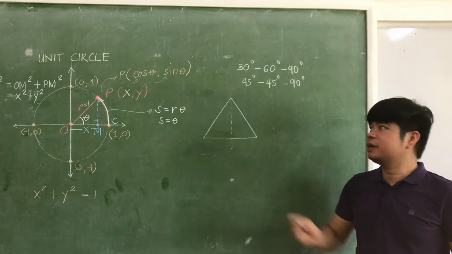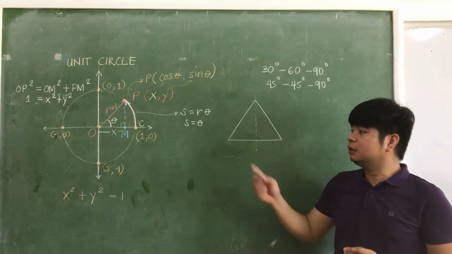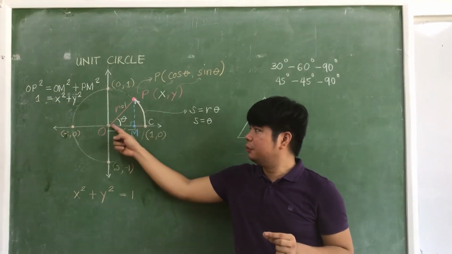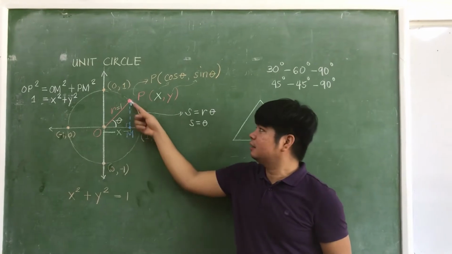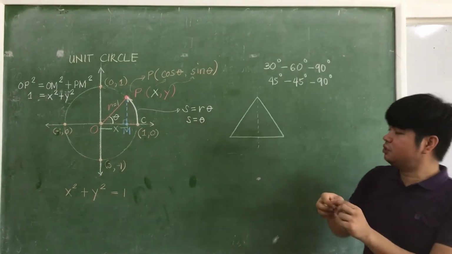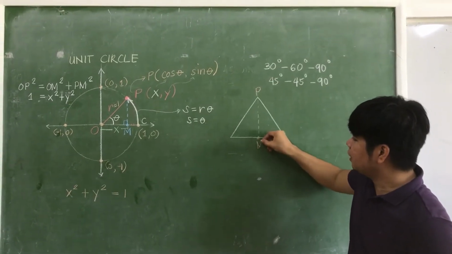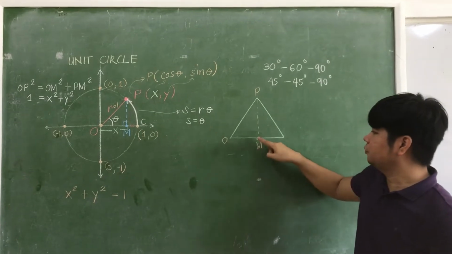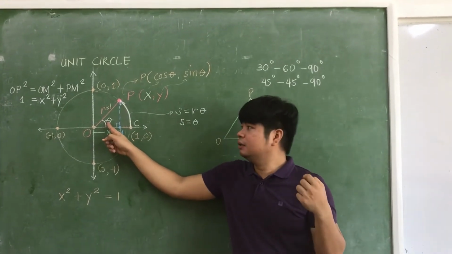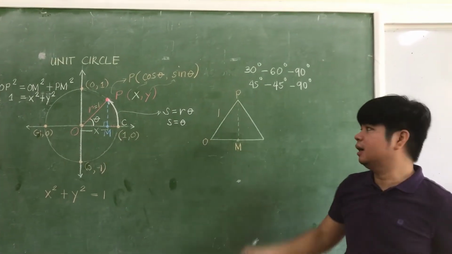Let us try to illustrate the 30, 60, 90 degree right triangle. From this triangle PMO, I will extend another side here. Consider this one as T, and this is point M, and this is O. If the radius is 1, then I can say this is also 1.